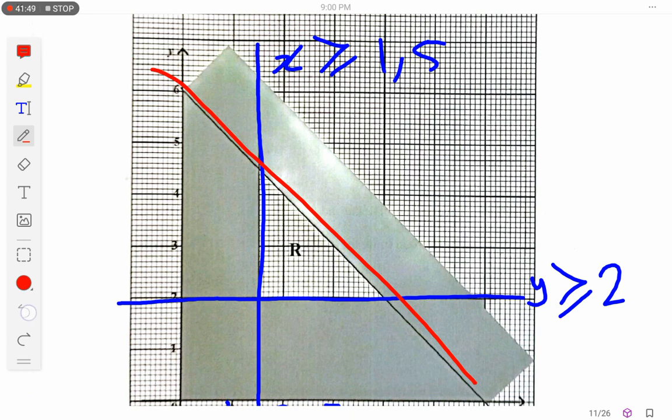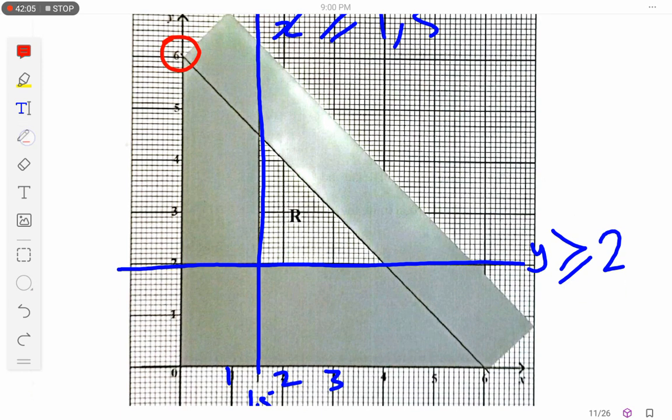Let's find that. For the third inequality, basically what we are doing is finding the equation of a line that is passing through this point and also this other point here. Which other point is easier? This other point there. For this one, my coordinate is 6, 0, because this is my x, this is my y.